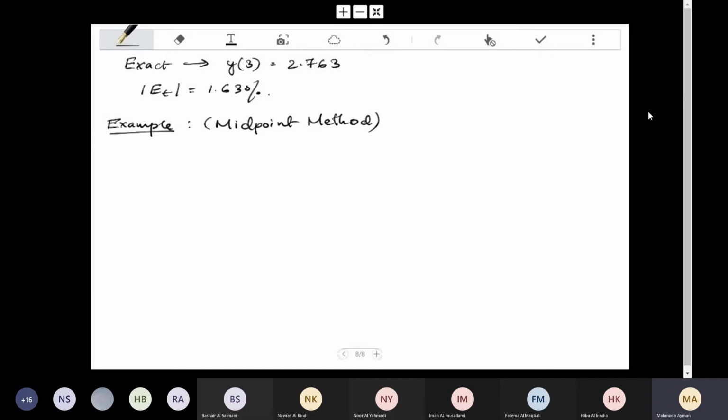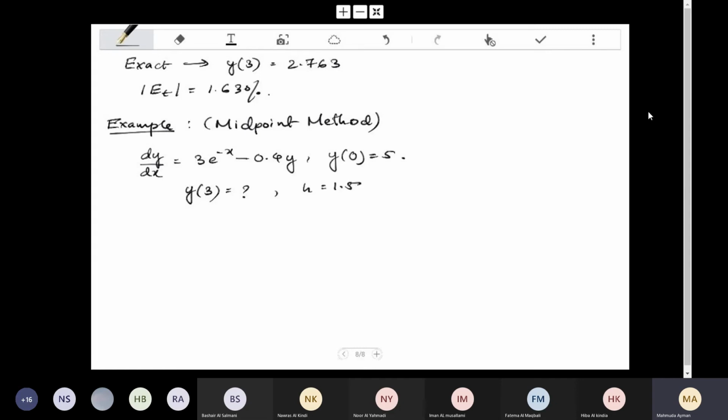So here we have the function dy by dx is 3e to the power minus x minus 0.4y, and the initial condition is y at x0 is equal to 5 here, and again we have to find out the value of y at x equal to 3 with a step size again of 1.5.